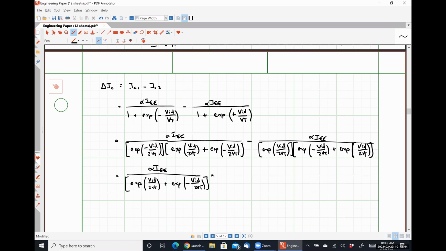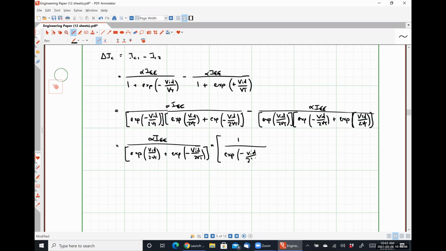And this is multiplied by 1 over EXP negative VID over 2 VT minus 1 over EXP of positive VID over twice VT. Right.